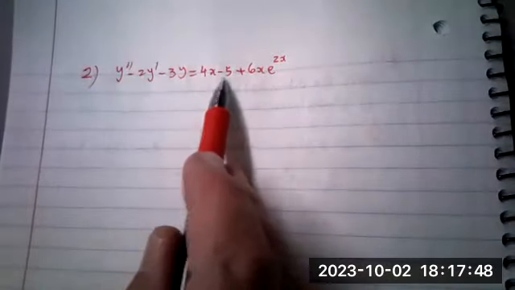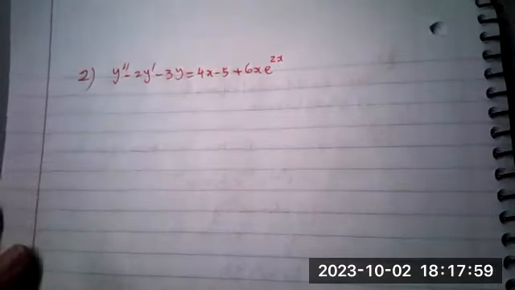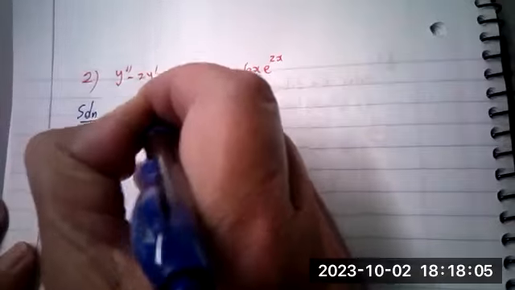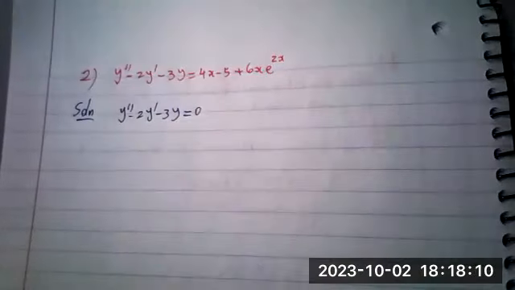One of them is a polynomial, the other one is exponential. When you want to solve the equation, we are going to consider them one by one. I'll show you in a minute. To start with, you have to solve the homogeneous one first: y double prime minus 2y prime minus 3y equal to 0. Solve this one first.